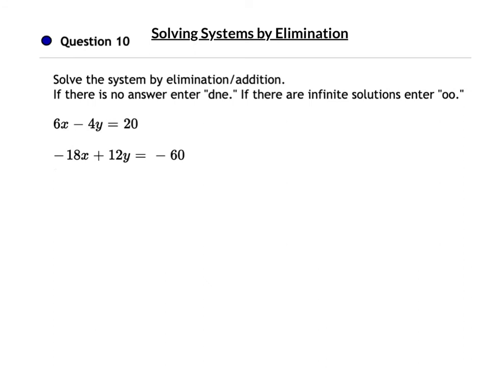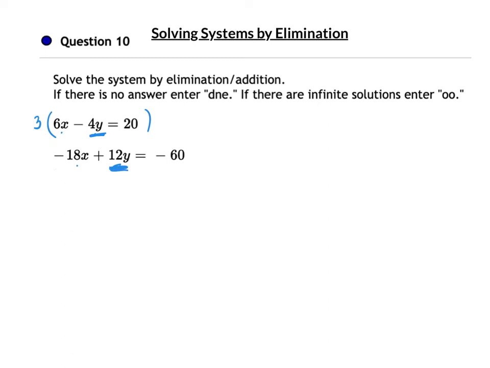Let's make a pair of opposites. The smallest number that 6 and 18 divide into is 18. The smallest number that 4 and 12 divide into is 12. So you can go either way. Let's do the y's for variety. This is positive 12. I'm going to make this negative 12, which means I just need to multiply it by 3. 3 times negative 4 makes negative 12, the opposite of positive 12.